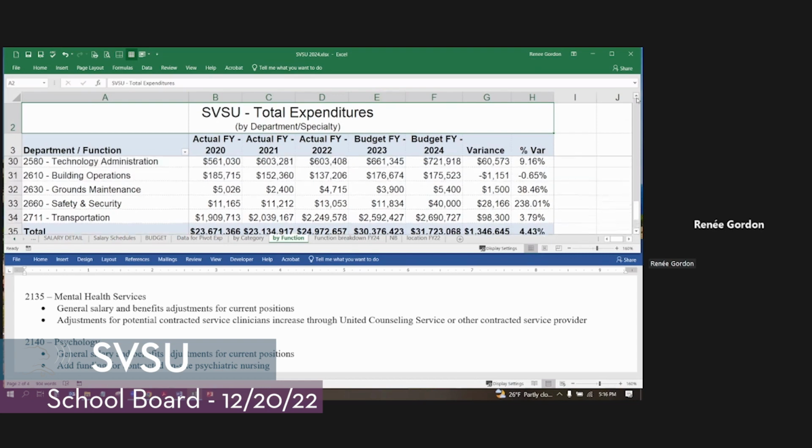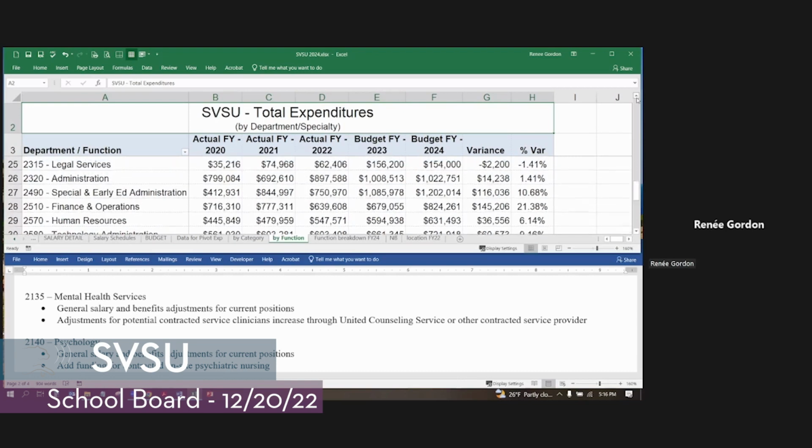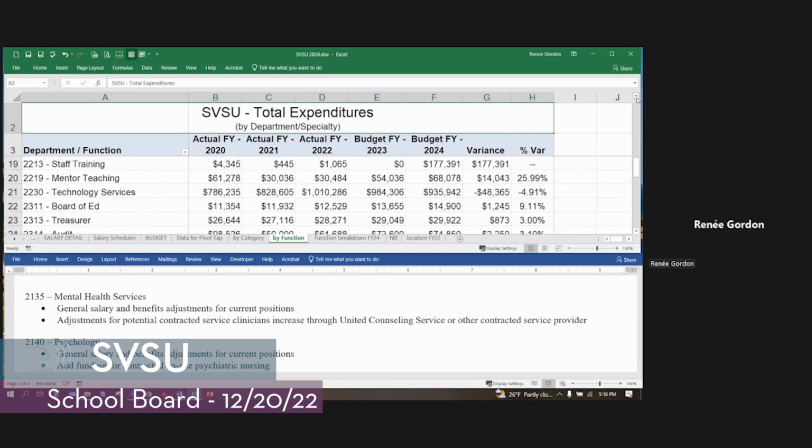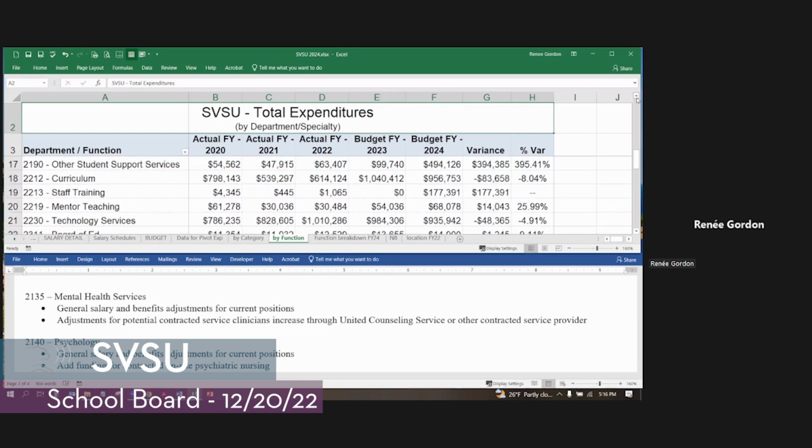So some of these functions, we may find that they were overspent in FY22, so we'll have to make up some ground, and then others will find that there may have been slight over budgeting, so we'll have a surplus that we can apply to the FY24 expenditures.